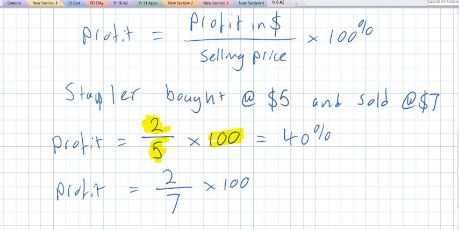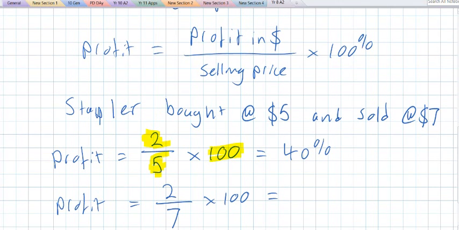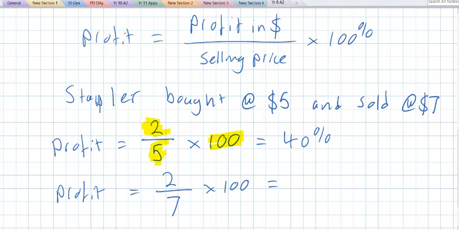Wait, I missed that because I was writing down. Sorry, where did we get the 2? The 2 is the difference between the cost price, so CP here, and the selling price. What we did the other day, the change over the original. Very good. So this is like percentage change. However, we don't always use the cost price as the original. Sometimes we use the selling price as the original.